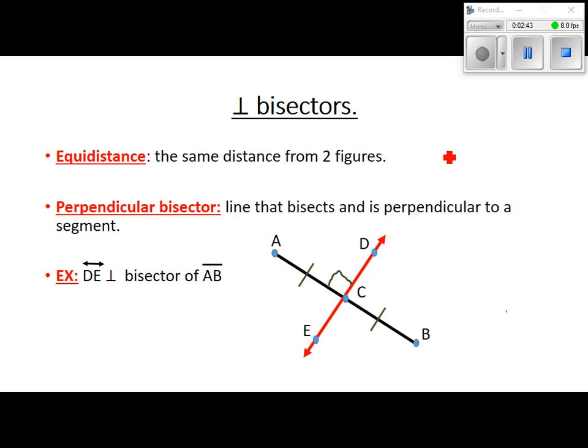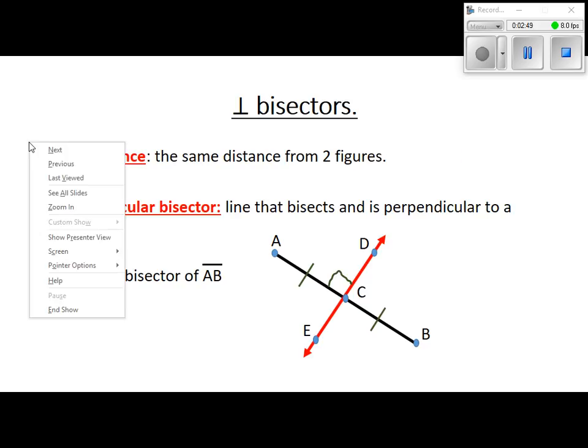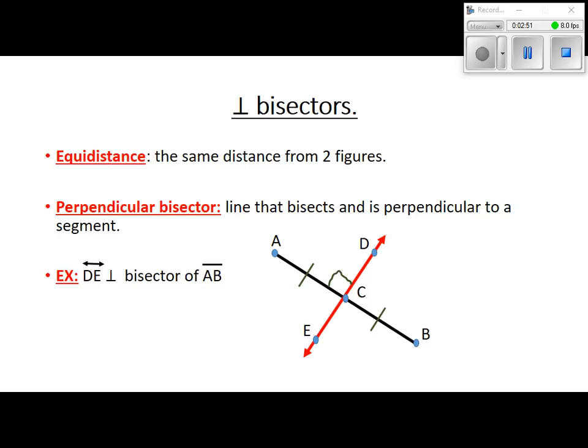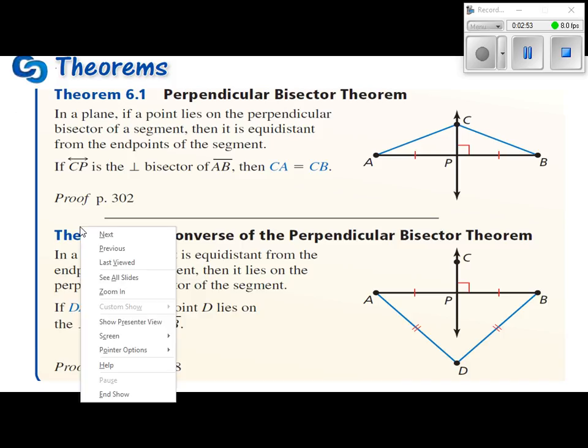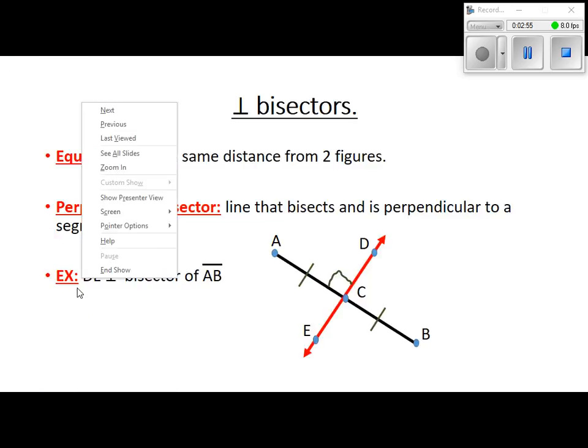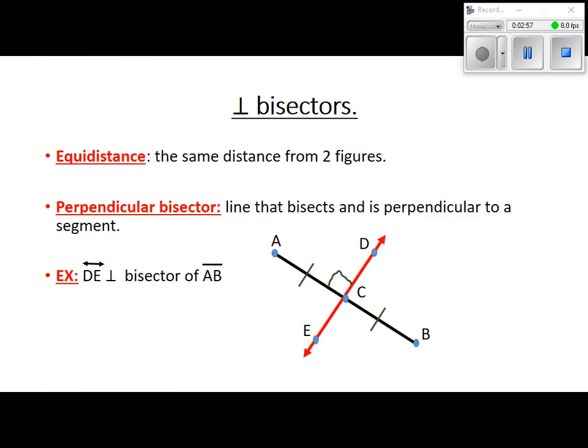Alright, equidistance. Equidistance, all equidistance means is the same distance. So if I put this pen, I got a house here and I got a house here. Then I got some other house down here.